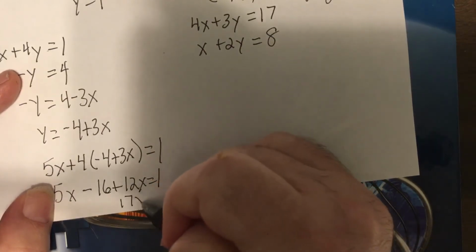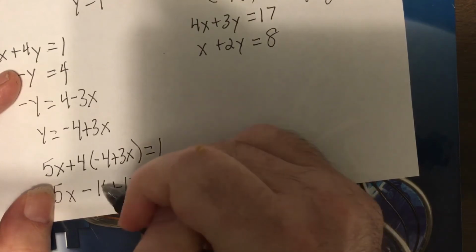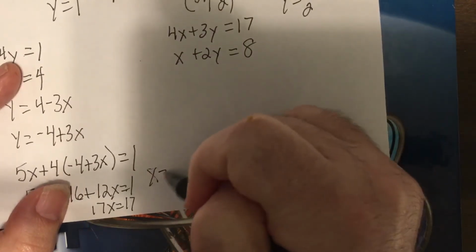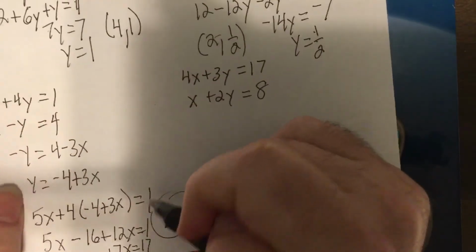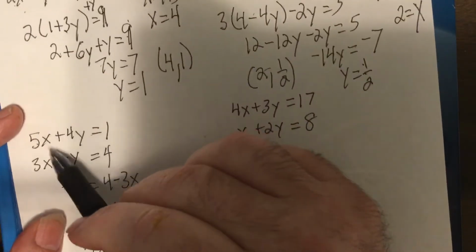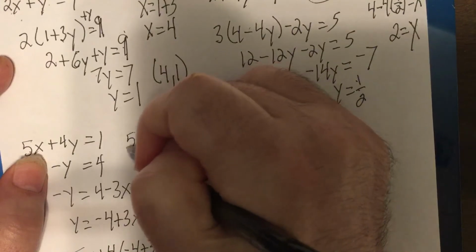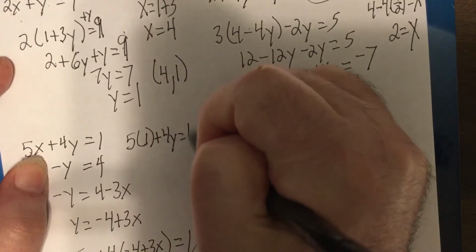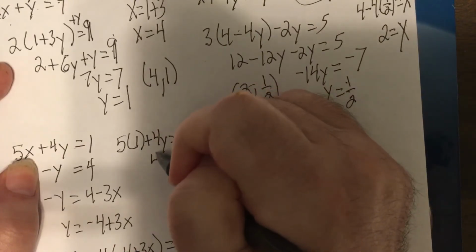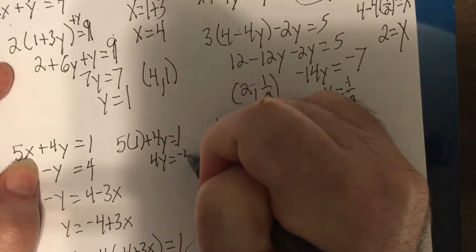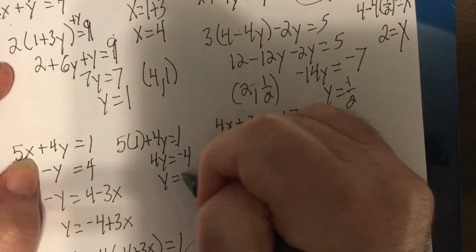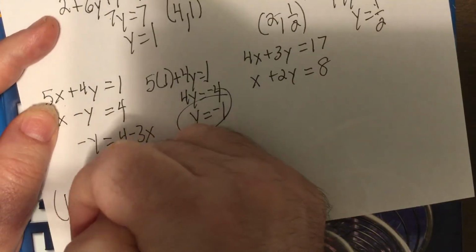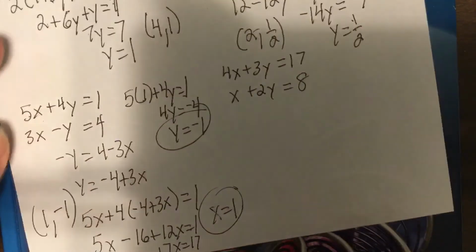So 17x equals 17. I added 16, combine the x. So x equals 1. Then I'm going to put that back into the first equation. 5 times 1 plus 4y equals 1. Subtract 5, 4y equals negative 4. So y equals negative 1. Woohoo! So, didn't make a boo-boo.